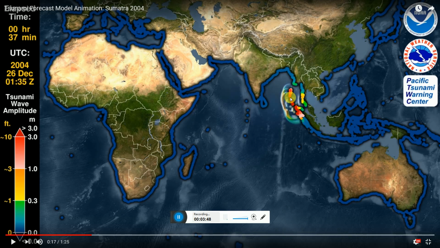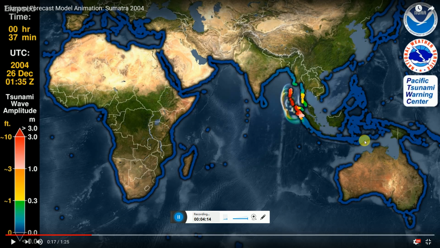Now, the subduction zone that spawned the 2004 tsunami goes from about here. Now, I'm talking about the underwater part. Goes from about here, down the coast here, all the way down to about here.